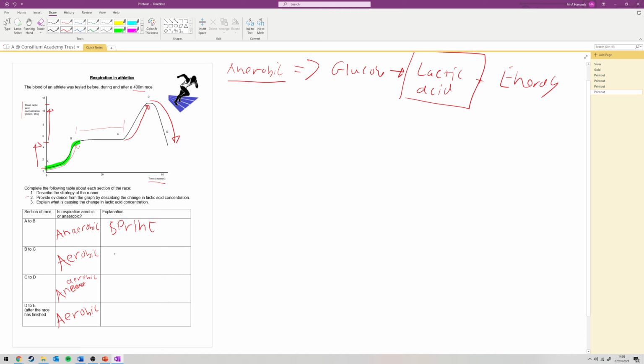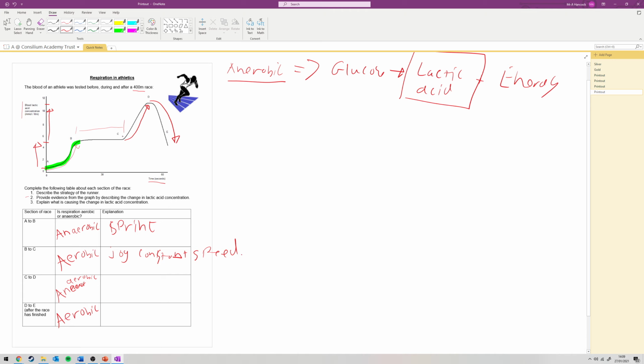So actually, they're just keeping a constant speed, okay? They are not quite sprinting, they're doing a jog at a constant speed. Have you ever heard the term pace yourself? That's what they're doing here. They're trying to pace themselves so they don't burn out.